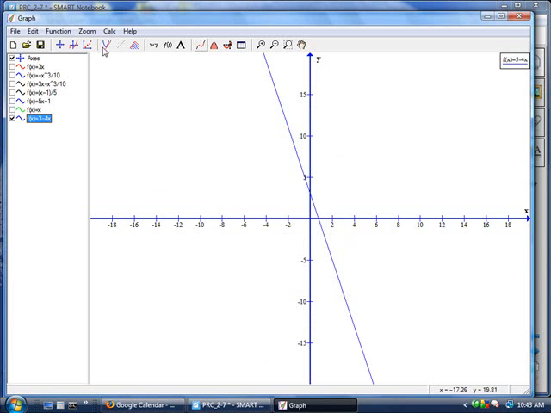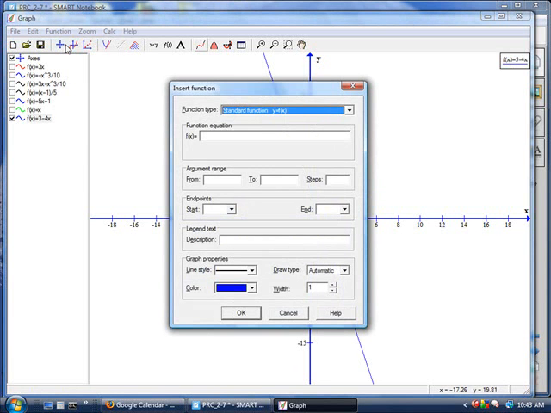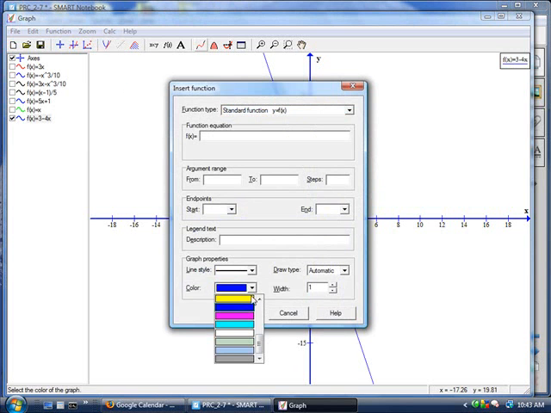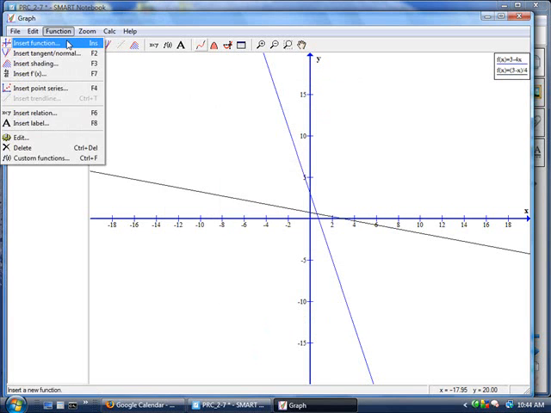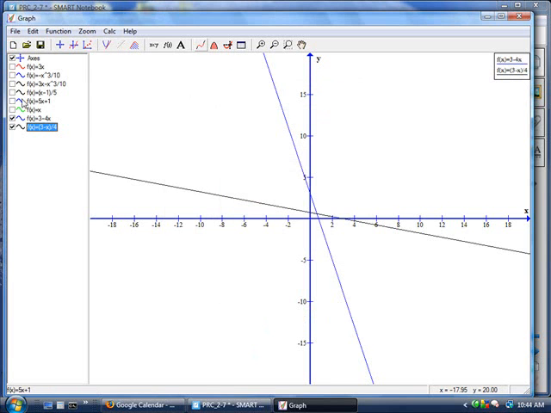Okay, next. Three minus x over 4. Okay, now I'll throw on the identity function. Well, I already got it. Save myself a little bit of time. There it is.